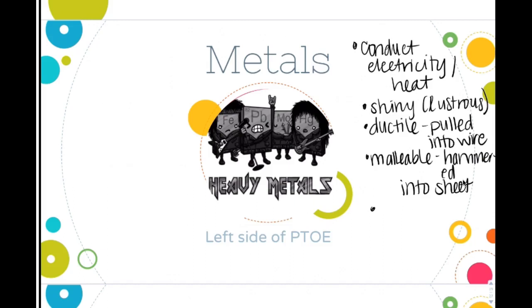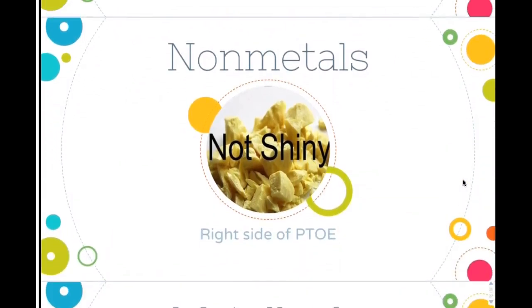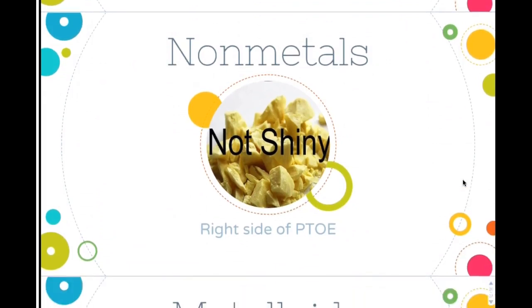And so when you're thinking about a metal, they should have all of these properties, and so that's why we call aluminum a metal instead of a metalloid, because it has all of those properties. Nonmetals are kind of the opposite of metals. So just think about whatever a metal is, nonmetals are the opposite. So they don't conduct electricity, they are not shiny, they're not able to be hammered, they're really brittle if you were to hammer them and break.